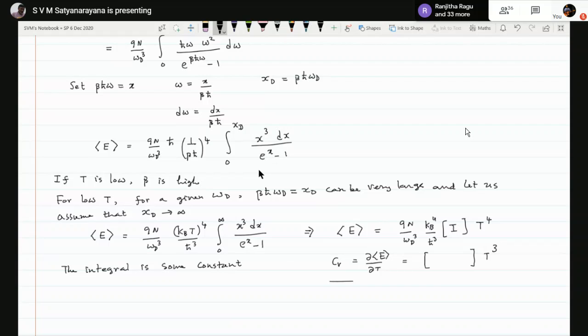So the specific heat is proportional to T cubed behavior, which is observed experimentally, as mentioned in the beginning, and can now be derived from the Bose-Einstein statistics.